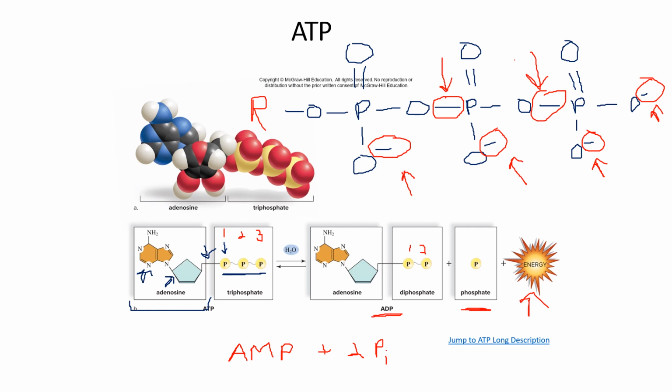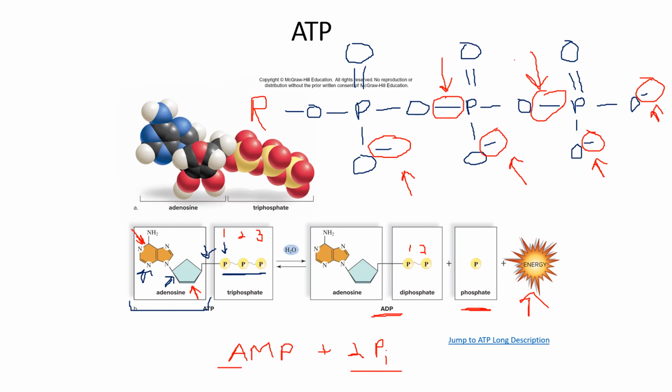Over here, they're connected to carbon. The sugar and the adenine both have carbon. So once they're free from the structure, the adenosine, they're no longer attached to carbon, so we call them inorganic phosphates.